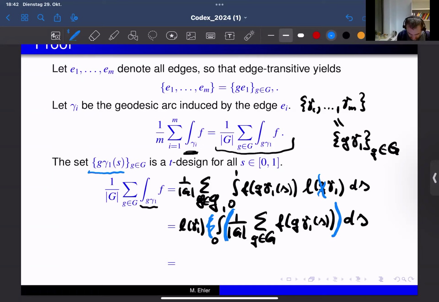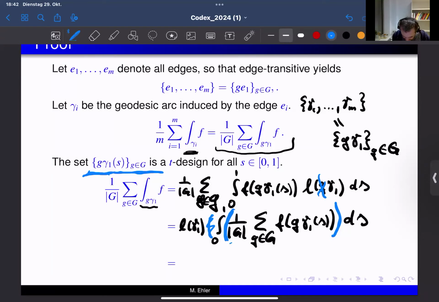Because for each s individually, these are a number of points, and by assumption, they are T-design points. It's because the group is so nice. This was the assumption: the group is T-homogeneous.